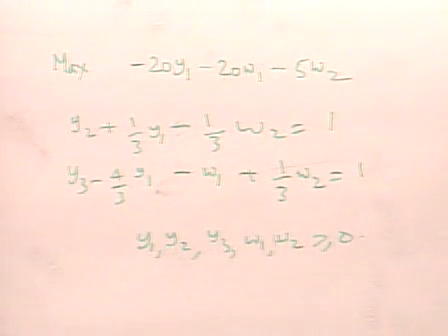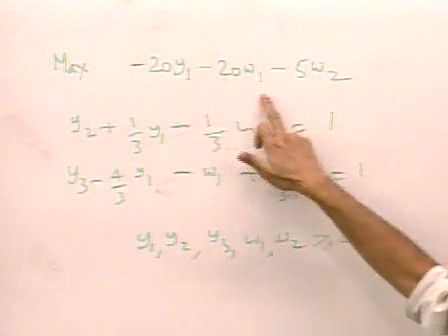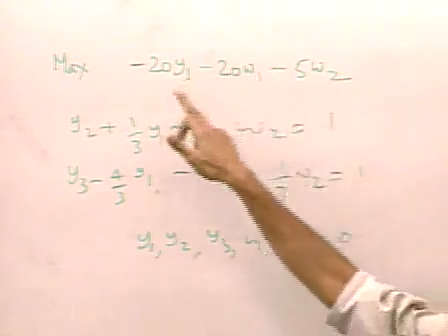If I gave you this linear program, I claim that this is trivial to solve. Why is that? Well, I look at this. I have y1, w1, and w2 all with negative coefficients.